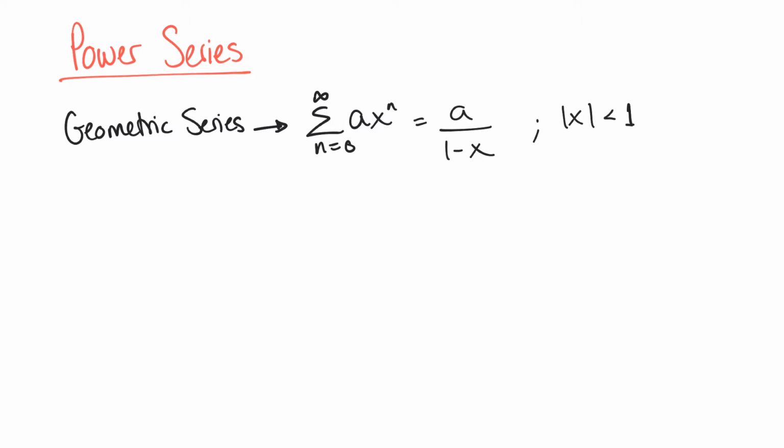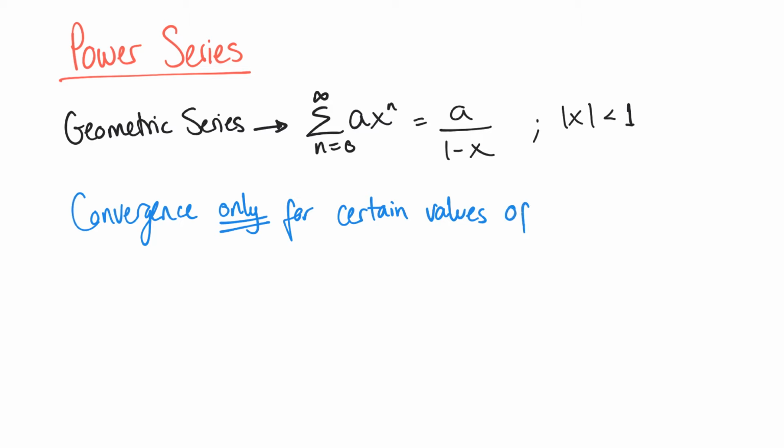Because now we may have convergence only for certain values of x. So, we're not going to be talking about a series being just convergent or just divergent, but we're going to say that it is convergent within a given range or divergent within a given range.